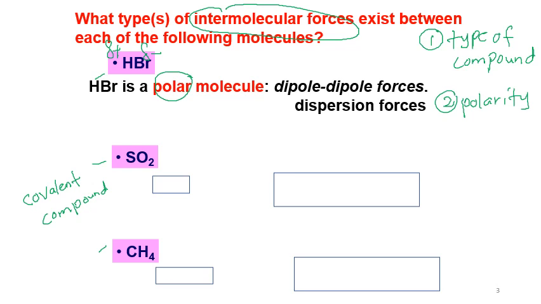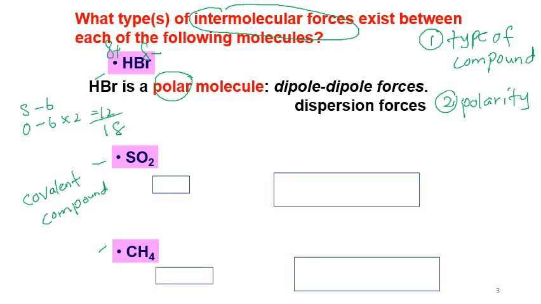SO2. Before you can determine the polarity of the molecule, you have to draw the Lewis structure. So the Lewis structure for SO2: sulfur has 6 valence electrons, oxygen also has 6 valence electrons. The total is 18.